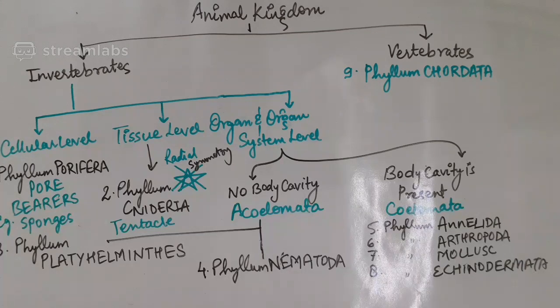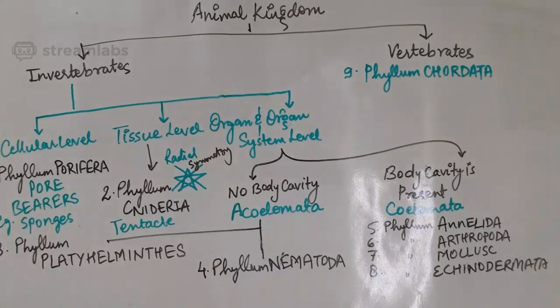Next is the phylum Platyhelminthes, or the platyhelminths. These are bilaterally symmetrical. Bilateral symmetry means the body can be divided into two equal halves, like us.